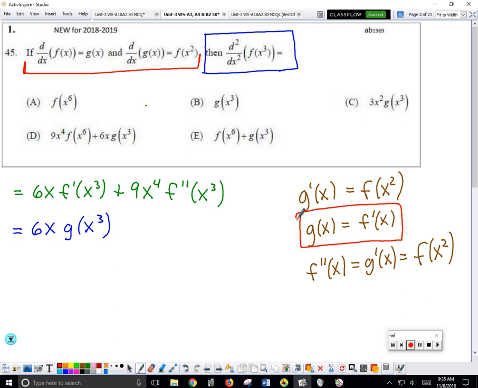If we differentiate both sides, we don't violate equality. So I can tell you that g prime is the same thing as f double prime. Okay with that? So in this equation where it says f double prime, I'm going to replace that with g prime, but g prime is f of x squared. Anybody else?